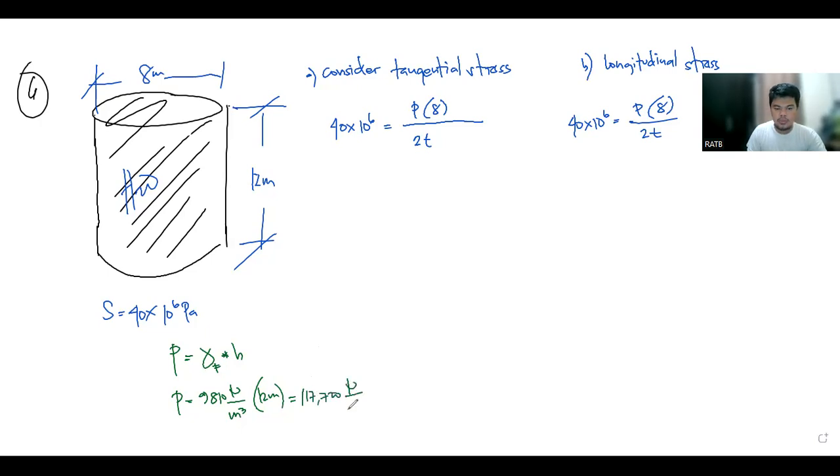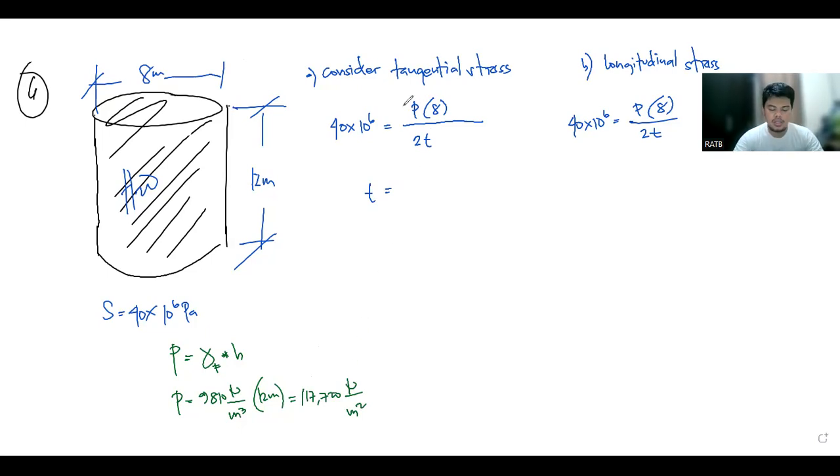117,720 Newton per meter square. So we can then say that this is equal to the stress. Calculating for t, substituting this value here, we can calculate for t.